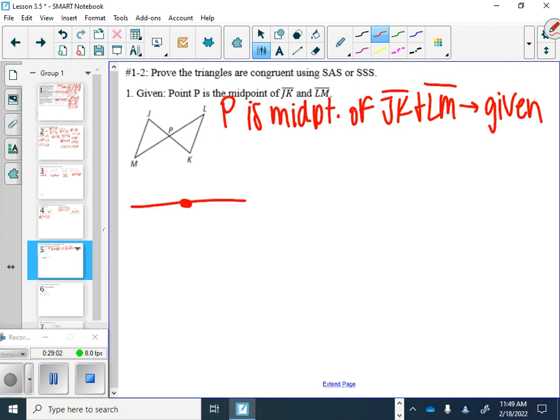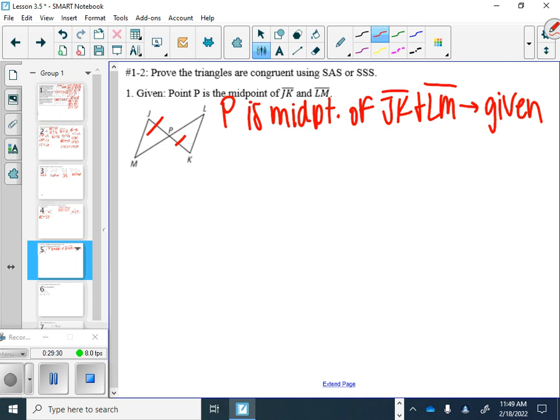Which means, what do I know about the two parts? They're congruent. They're equal. If I have a midpoint, which is my halfway point, the two halves of the line must be the same, right? Because I'm at the halfway point. So what that's saying is, if my two halves are equal, JP and KP have to be equal, because P is the halfway point in that line.